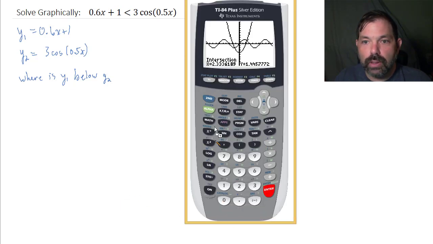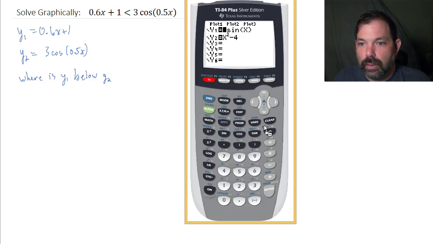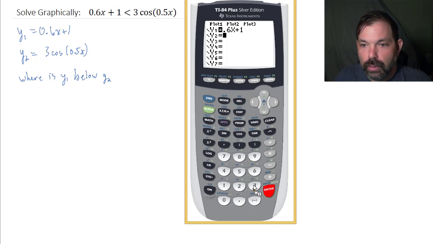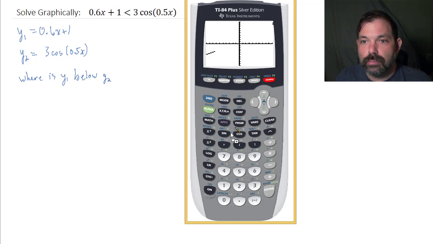Let's bring up the calculator, clear out the old stuff. 0.6x plus 1, that's my y1. 3 cosine 0.5x, that's my y2. I'm just going to graph it on the standard window to start. There's the y1, the y2.